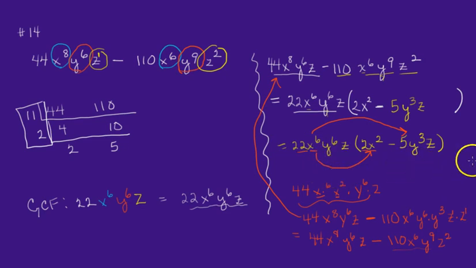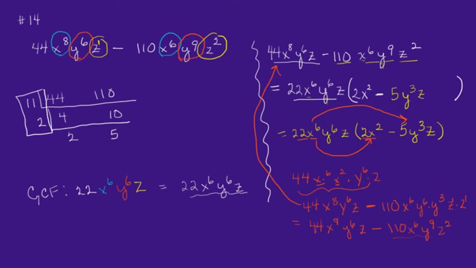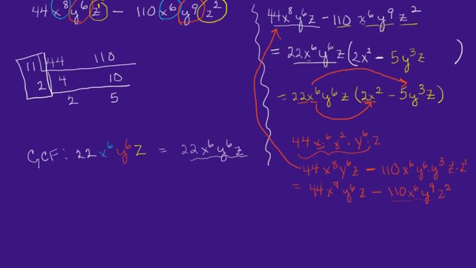Now, what I want to touch on here, because I went through it, but I didn't really touch on it very well. Let's go back and let's look at when we went ahead and factored this. So I told you, we've got 22 x to the 6th, y to the 6th, z.